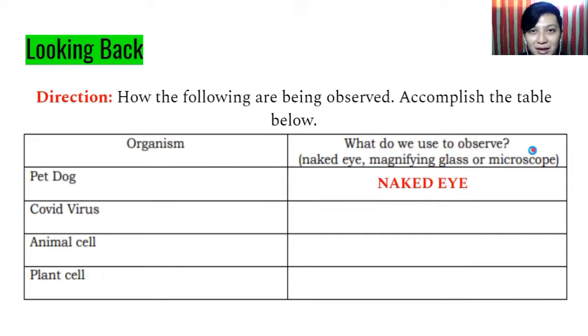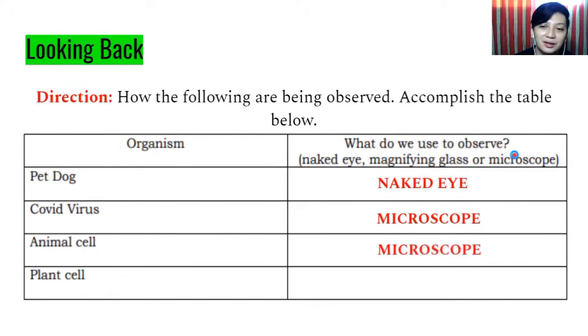How about COVID virus? Okay, so you can see COVID virus with the use of microscope. And then animal cell. We are talking about cell, not just the animal. The correct answer is also microscope. And plant cells.